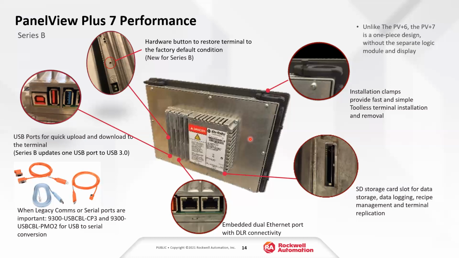But one thing that's really unique about the 7, and we talked about the serial ports on the PanelView Plus 6 earlier, is that Rockwell has made a few USB cables that actually allow you to connect into the USB slot here on the PanelView Plus 7 and connect to such as an SLC 500 over DF1 or MicroLogix. So we have the 2 orange cables, the CP3 cable and the PMO2 cable.